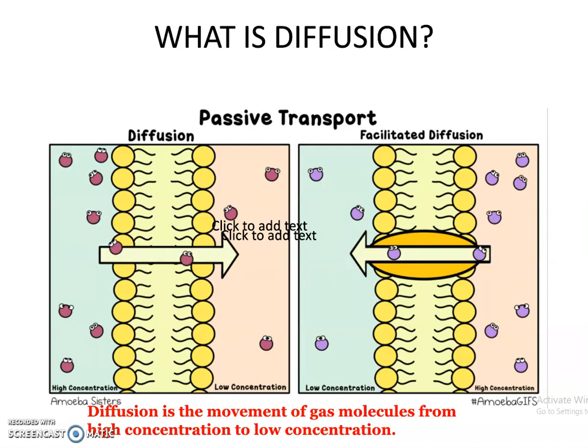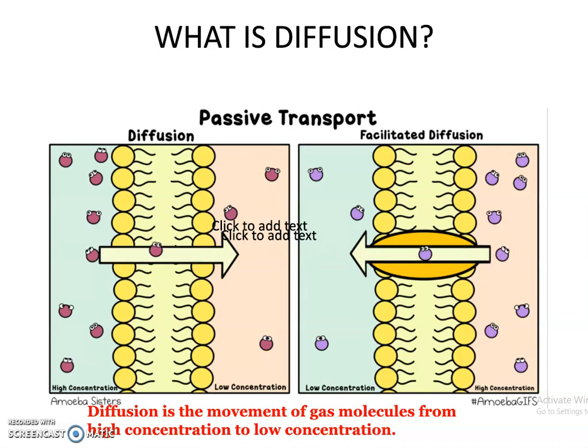Now we have to see one more law, that is Graham's law of diffusion. Before going into the law, we will understand what diffusion is. Diffusion is the movement of gaseous molecules from high concentration to low concentration. This diffusion can happen even in the case of liquids.